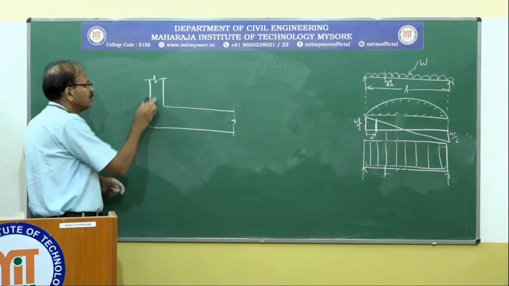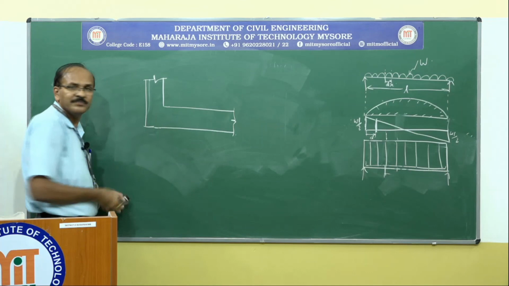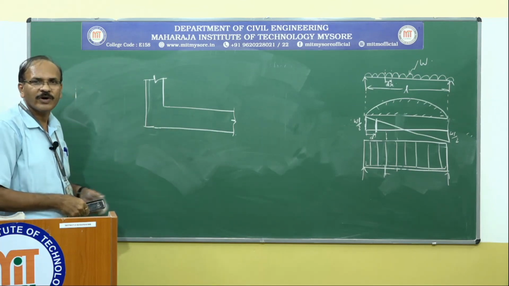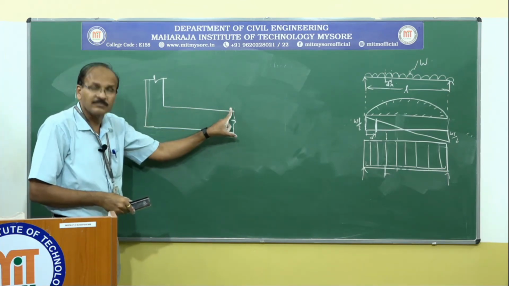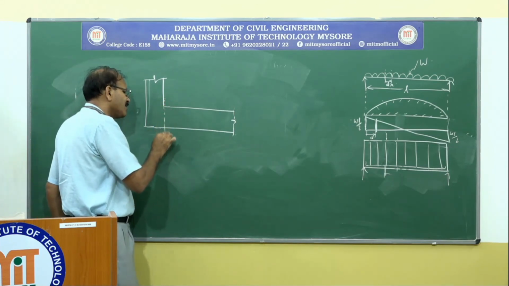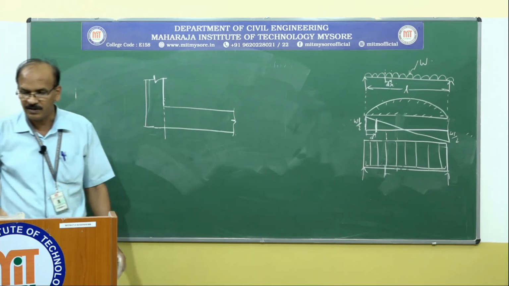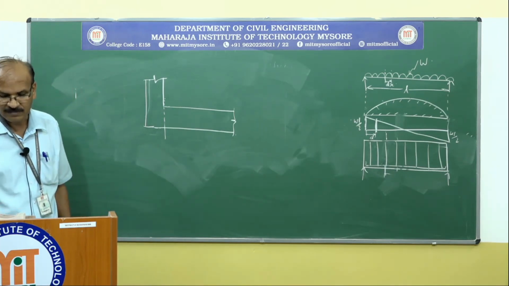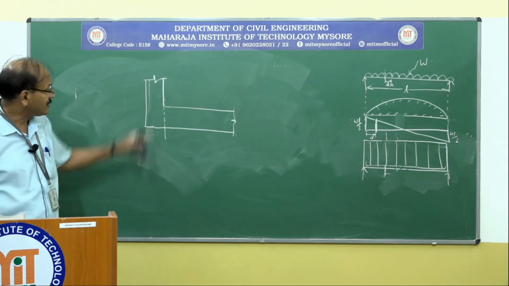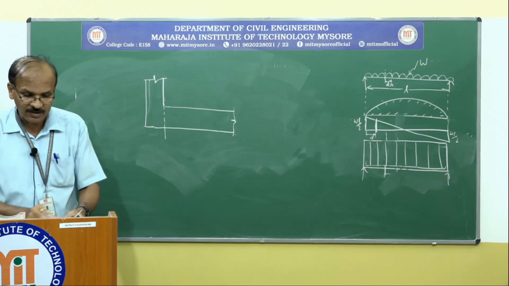This beam is hung. Okay? This is a beam. Then in this case, we are going to take this section as the critical section to find out the shear force and to design for shear. And this is the critical section. I hope this is clear to you.